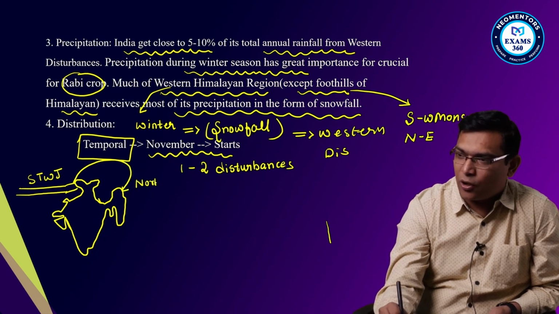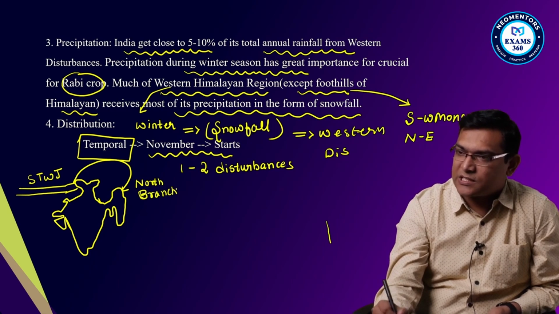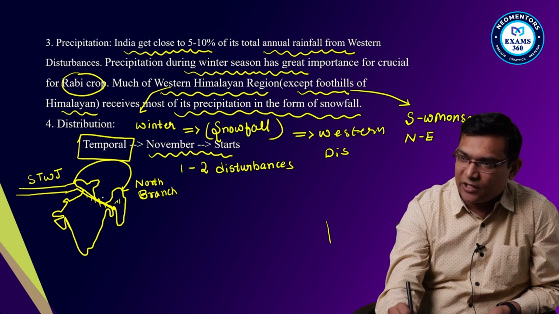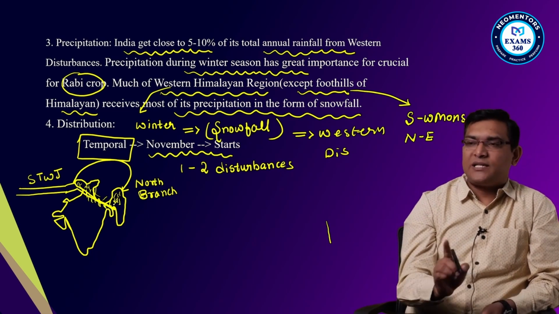This is called the north branch of the subtropical westerly jets, and the southern branch will move towards India, and because of this there will be precipitation in India from all the northern parts of India. Even the northeast part of India also receives precipitation. Clear?